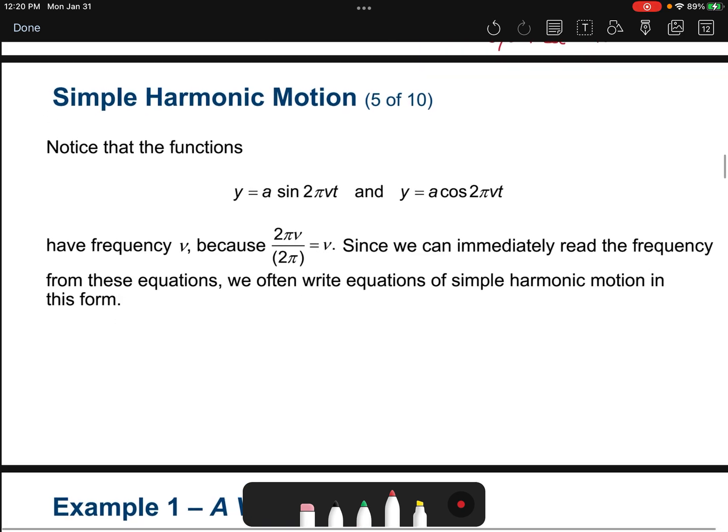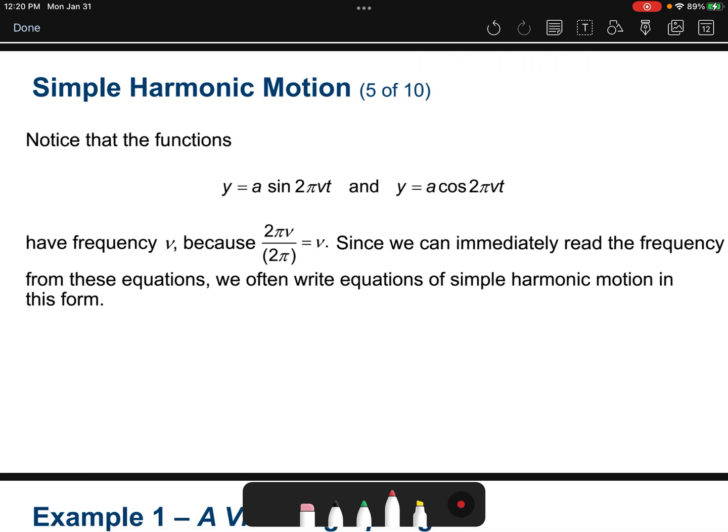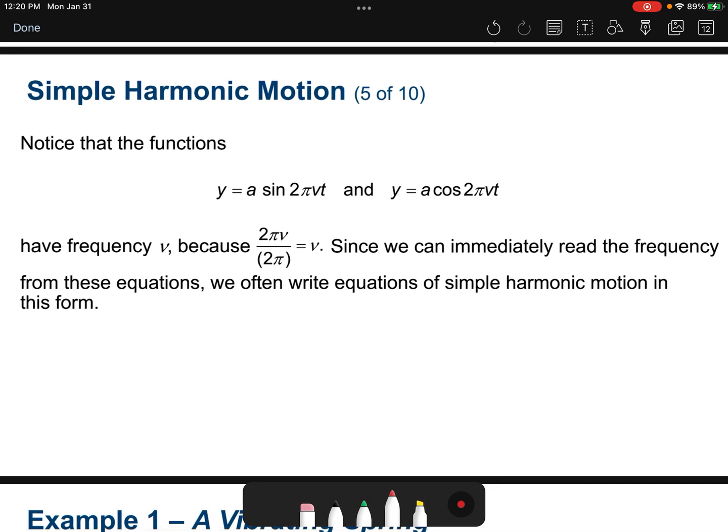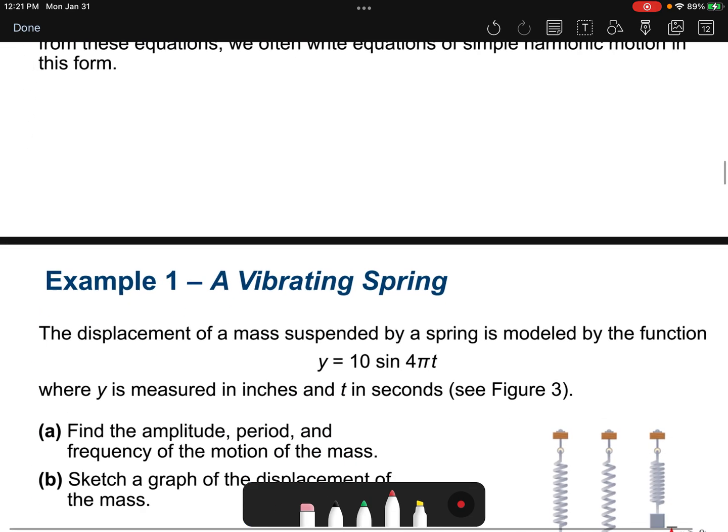So notice that these two functions, a sine 2 pi vt and a cosine 2 pi vt, have frequency of v, because 2 pi v over 2 pi is v. Since we can immediately read the frequency from these equations, we often write the equations of simple harmonic motion in this form. Now, I'm not saying you have to, I'm just saying you can.